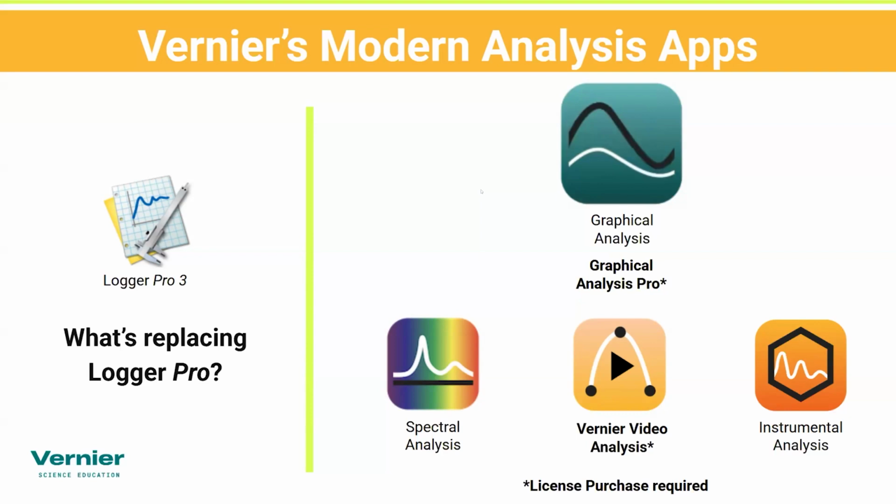Having a video embedded in your files to match what's going on with your sensors, like if I'm trying to do a titration, I want to see the color change at the same time as the pH changes, and I want to videotape that. I can sync those together. That's in Graphical Analysis Pro. And then there's Instrumental Analysis, again, some specialized applications. We'll talk more about those later. But to get all the functionality of Logger Pro 3, you'll need these 4 applications.